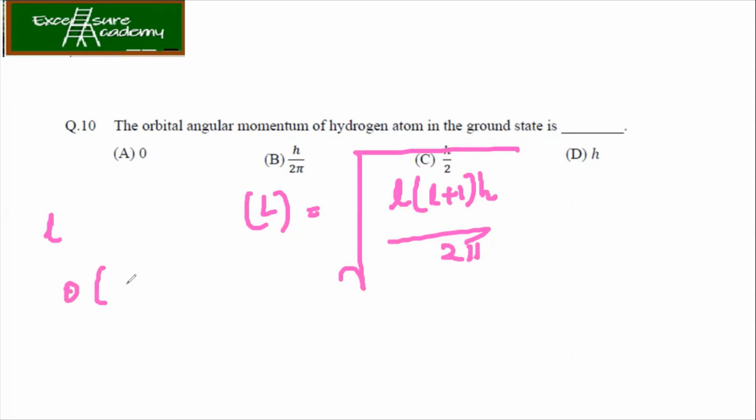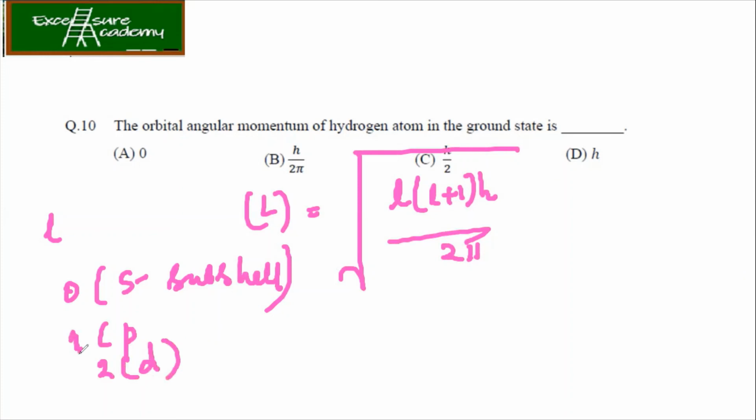So 0 is for S, 1 is for P, 2 is for D, and then 3 is for F subshell, right? So the angular momentum of hydrogen atom in the ground state means that the electron of the hydrogen atom is present in the S subshell, right?